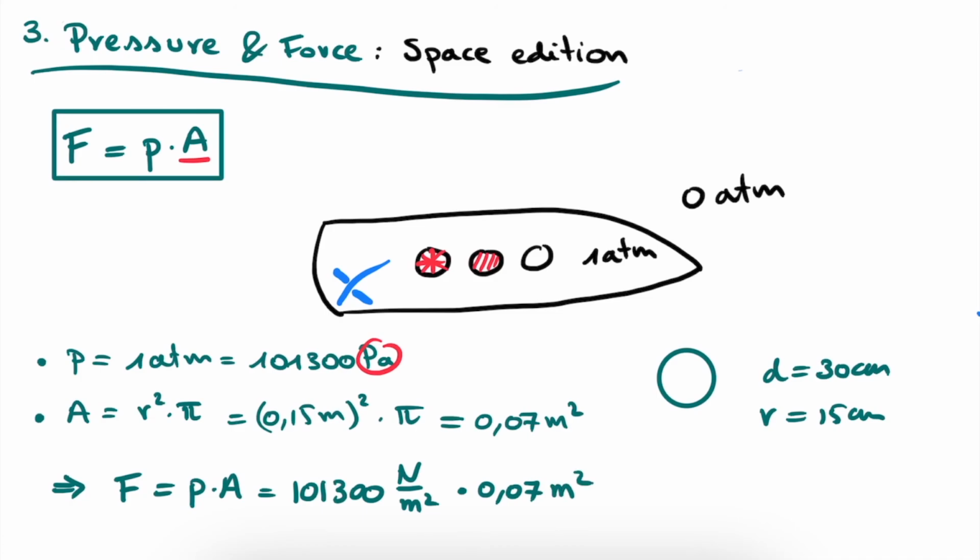And we see here, of course, that the units check out very easily because we're left with Newton, which is, of course, the unit of force. Throwing this in a calculator, we find that this is equal to 7,091 newtons.